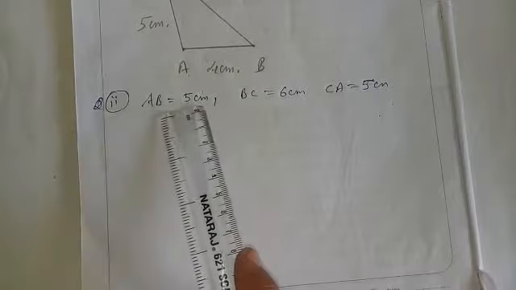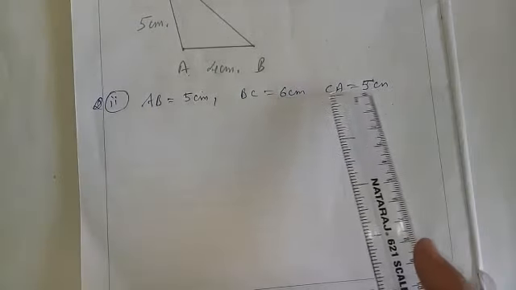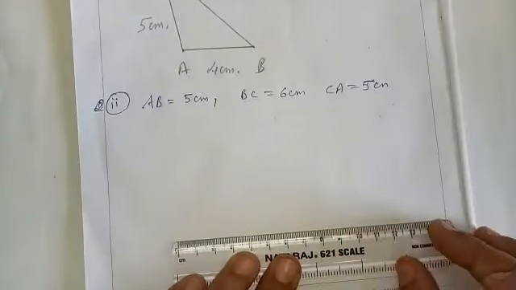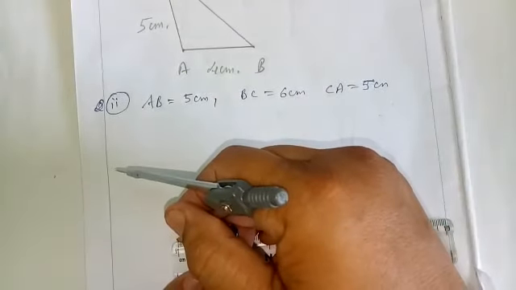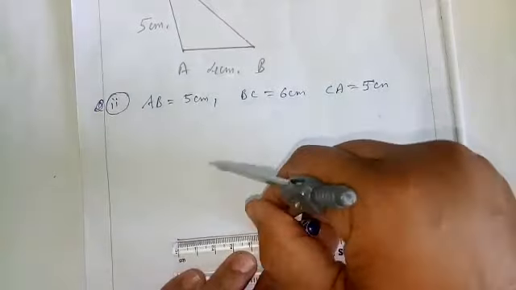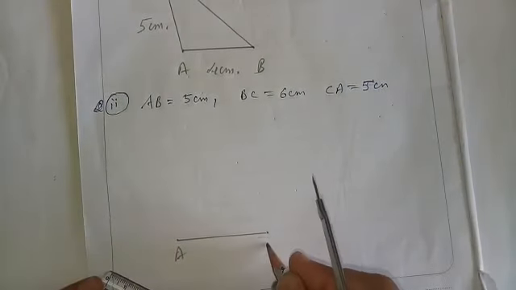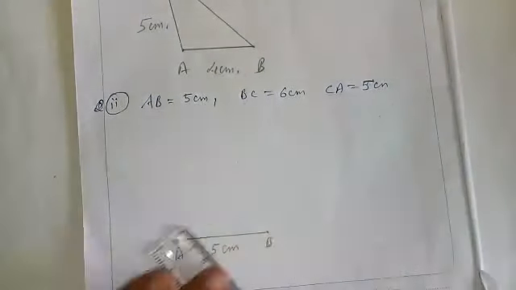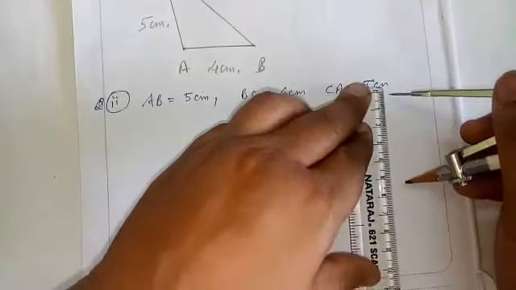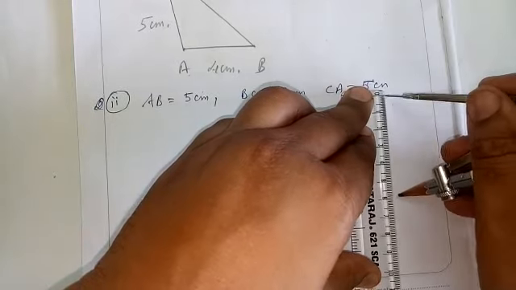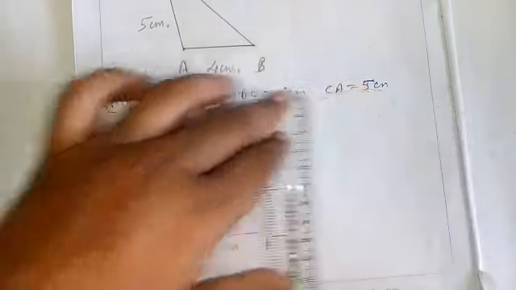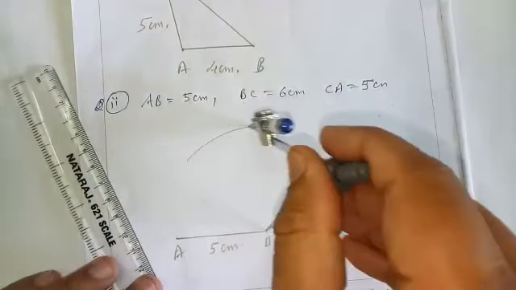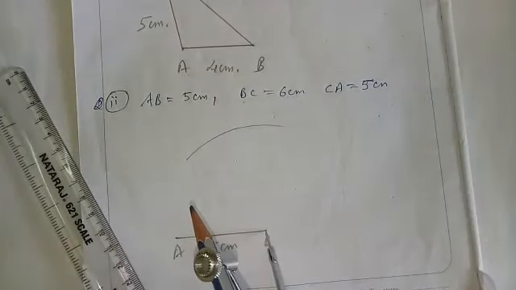The next question, AB is 5 cm, BC 6 cm, CA 5 cm. Now AB 5 cm. Draw a line AB of 5 cm, name it A, B, right? Then BC 6. In the rough, you take an arc BC of 6 cm. Then BC, what is there in your copy? B. Then on B, put the rounder and draw an arc.